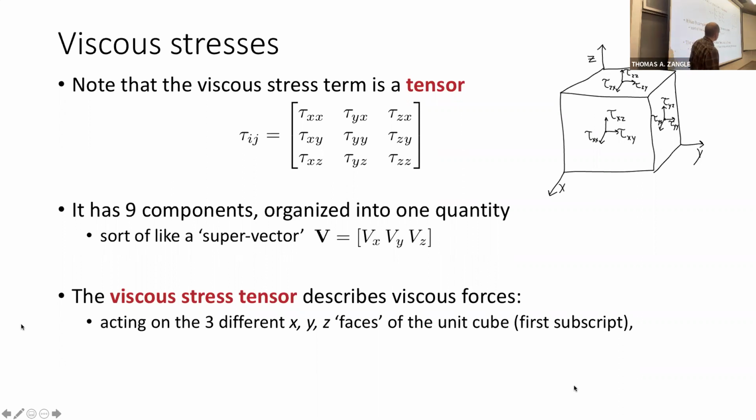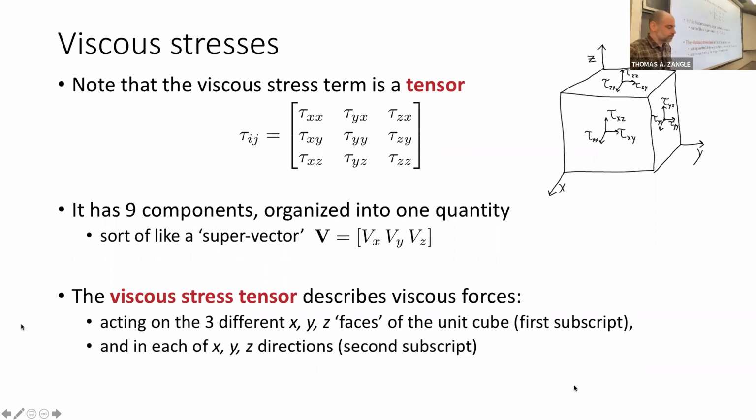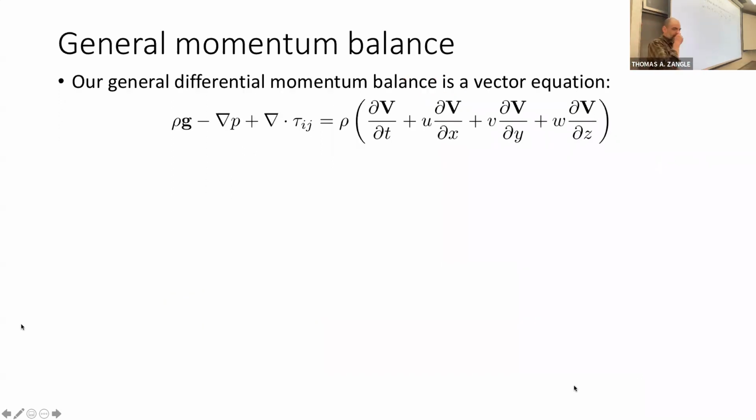And we need 9 elements because those viscous forces can act on each face, and in each of the 3 different cardinal directions of Cartesian coordinates. So it acts on each of the 3 different faces, that's the first subscript, and in each of the X, Y, and Z directions, that's the second subscript of this tau ij.